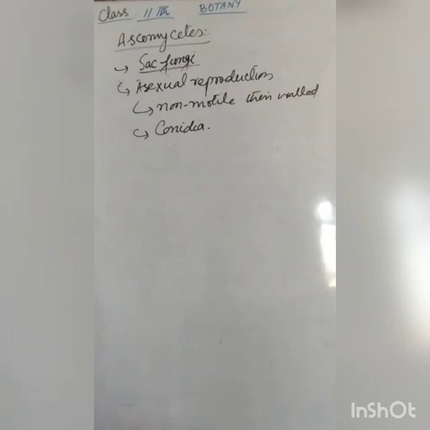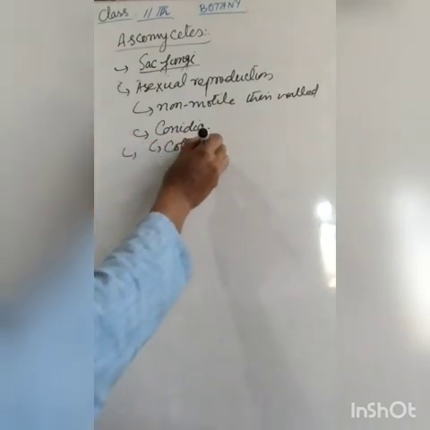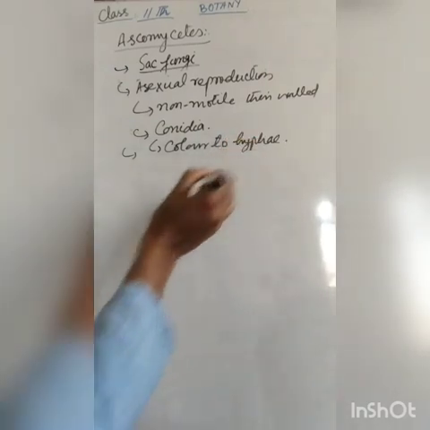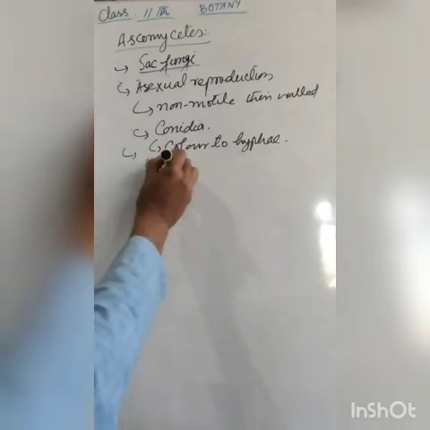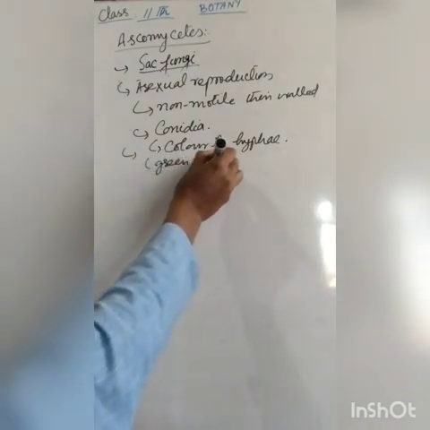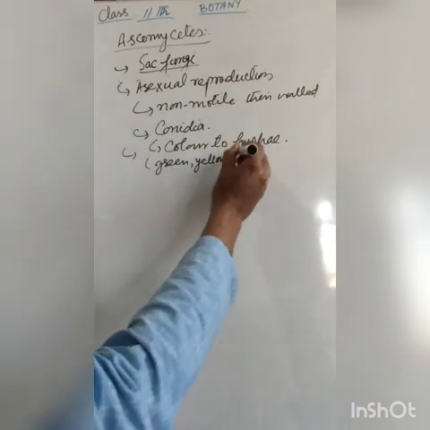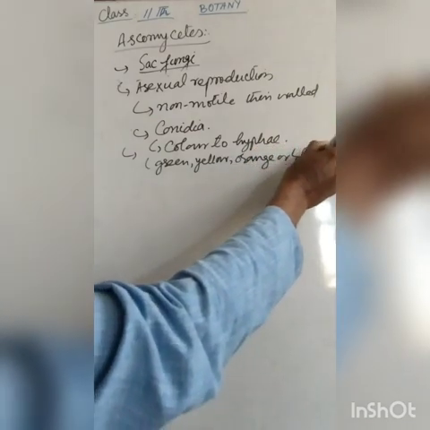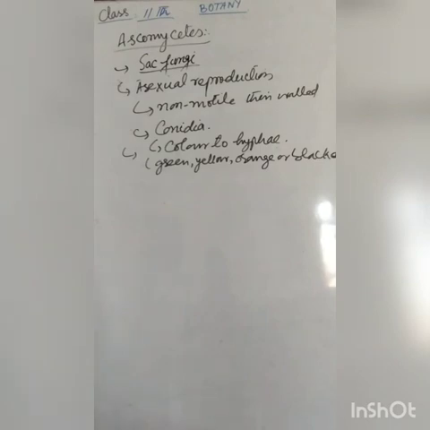Conidia may be colored. They provide the color to the hyphae, and these may be green, yellow, orange, or black, etc.